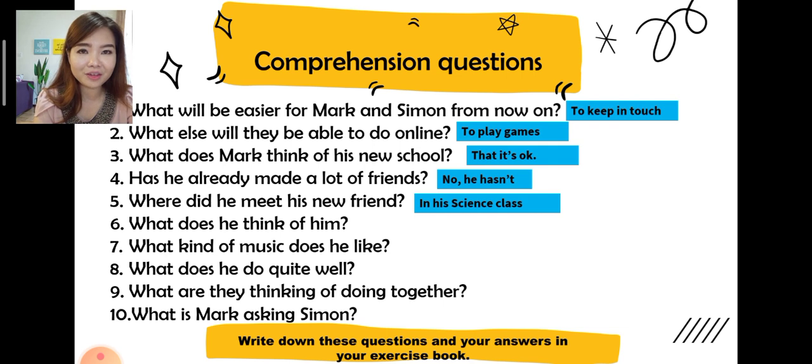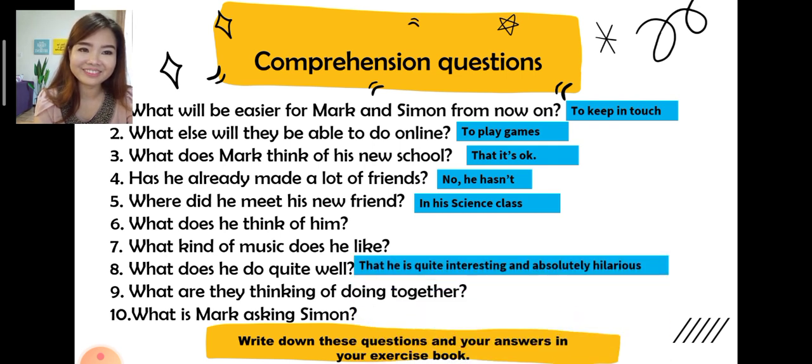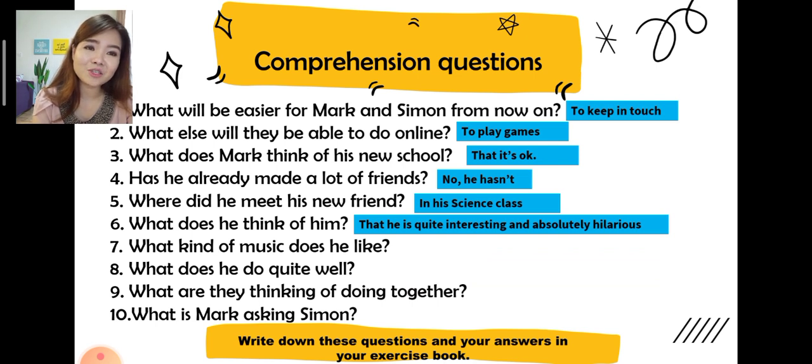Number 6, what does he think of him? What does Mark think of his new friend? Do you remember? Yes, that he is quite interesting and absolutely hilarious. Now, what is the meaning of hilarious? It means funny, okay? Number 7, what kind of music does he like? He likes hip hop.